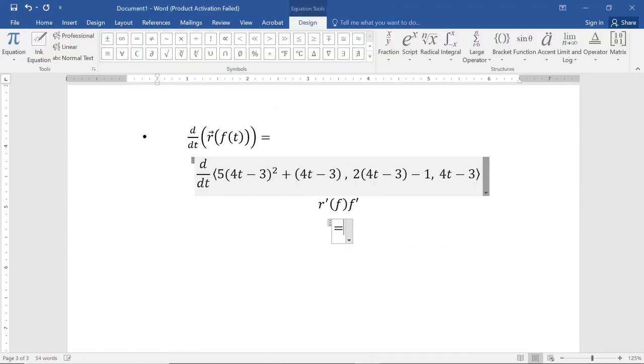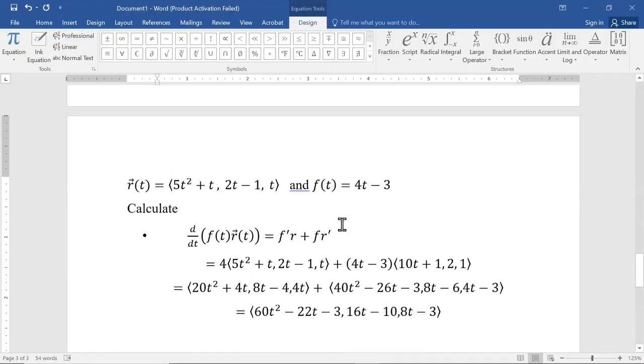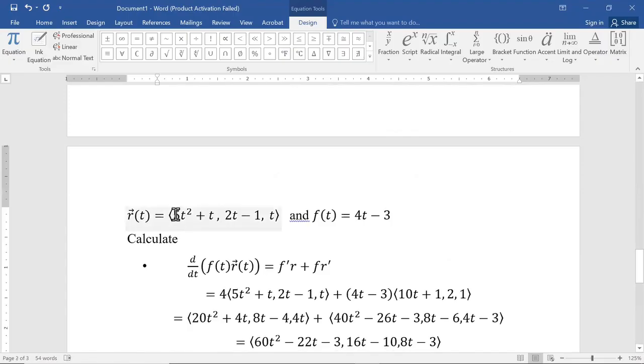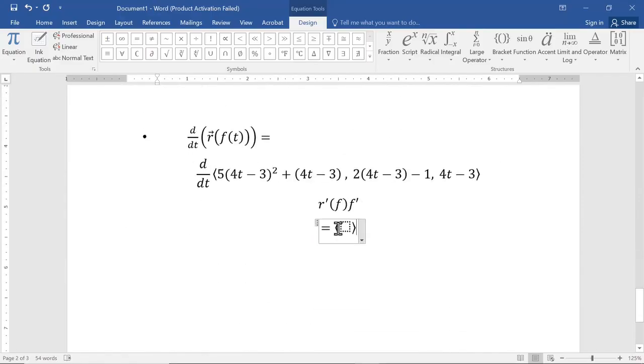Now, if you remember what R prime was, well, let's go back up here. There's my R. So my R prime was 10t plus 1, 2, 1. So that's my R prime.